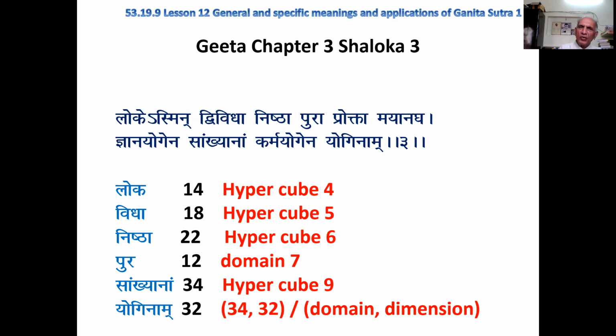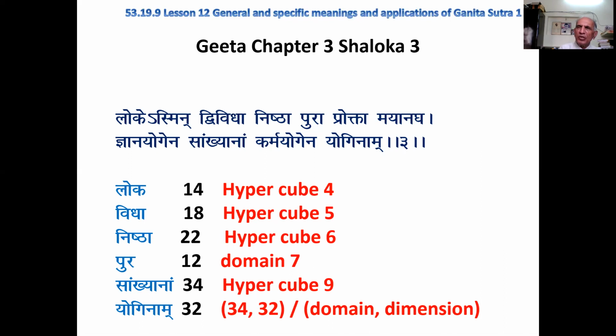The value 14 is the summation value of quadruple folds of hypercube 4, 2, 3, 4, 5. Value 18 is parallel with the summation value of quadruple folds of hypercube 5, 3, 4, 5, 6.